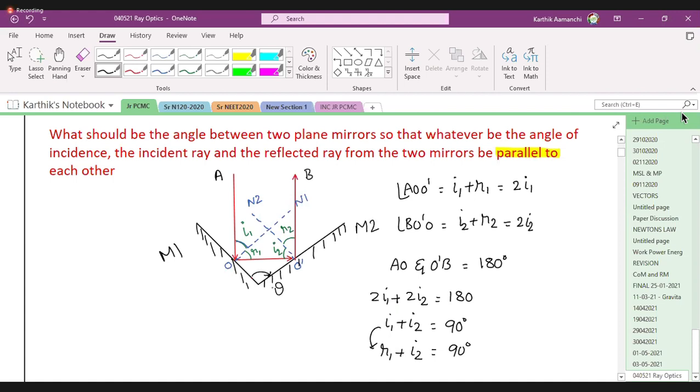Mirror 1 is making an angle theta with mirror 2. The normal of mirror 1 and the normal of mirror 2 will also make the same angle theta. I take this point as C. So O dash C is a triangle. If R1 plus I2 is 90, what should be your theta? 90.